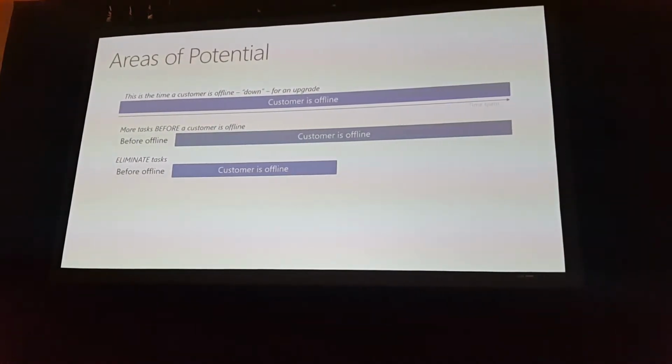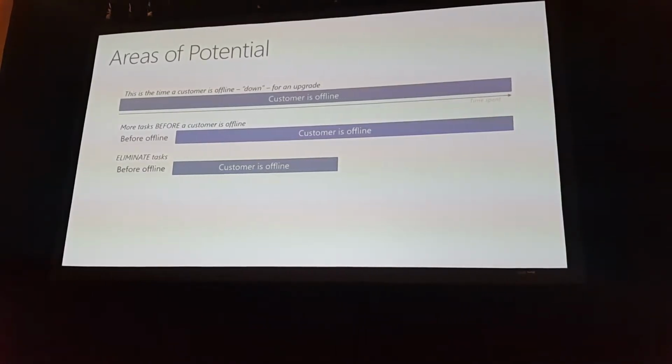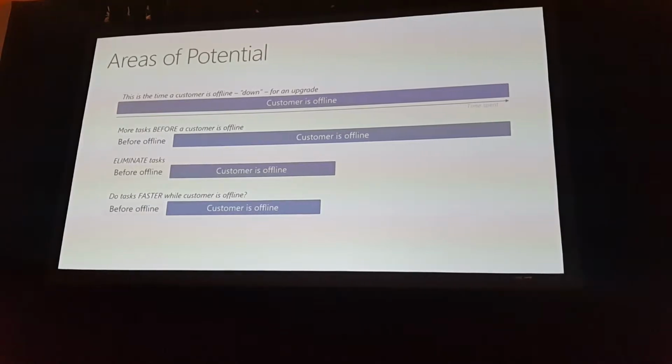And lo and behold, there were actually things that we could move outside that window. We looked at if there are any tasks that we don't have to do during upgrade, but can do at any point in time, basically, and took that out of the offline window as well. And then we tried to optimize the things that we actually have to do during the offline window.